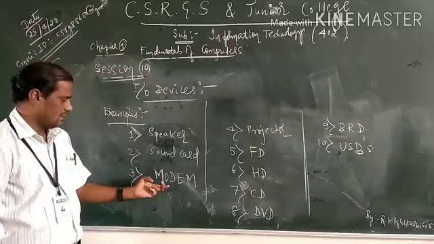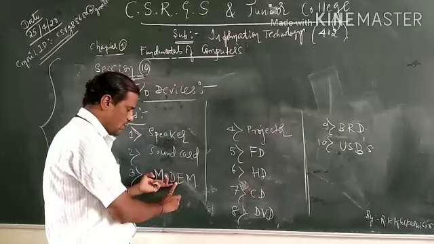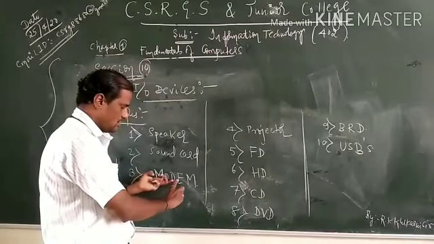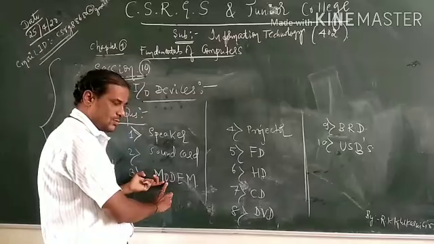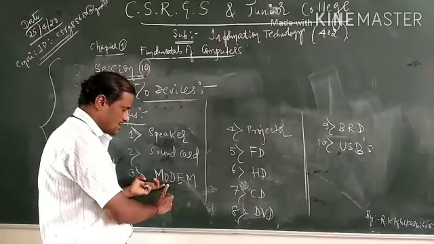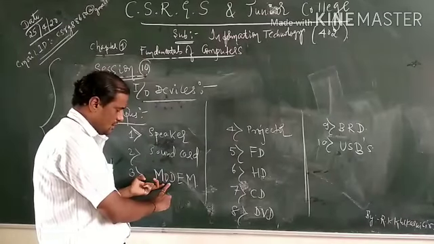Then coming to the next one, the third one, the modem. In the word modem, there are two terms: mod and dem. Mod stands for modulator, dem stands for demodulator. So modem stands for modulator and demodulator. It is called an I/O device.